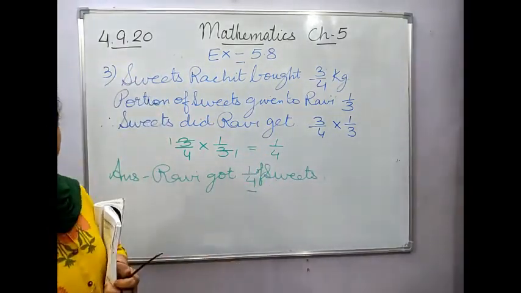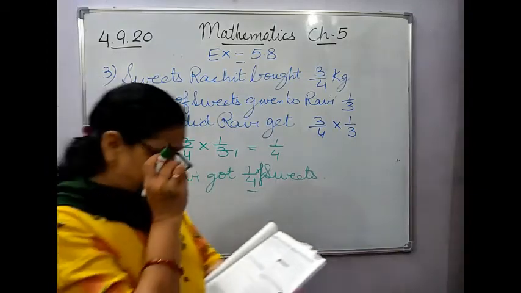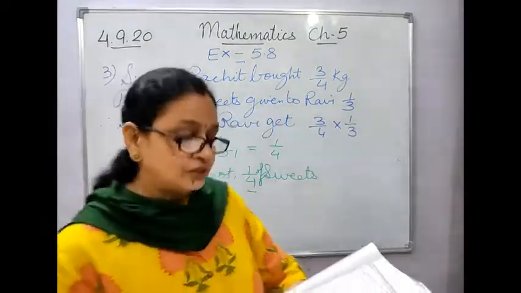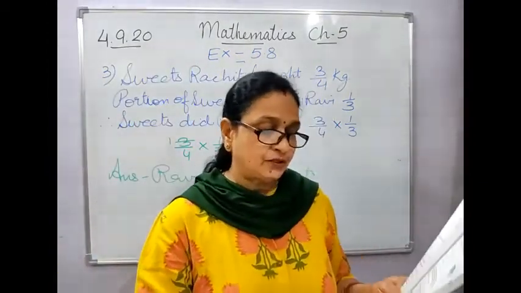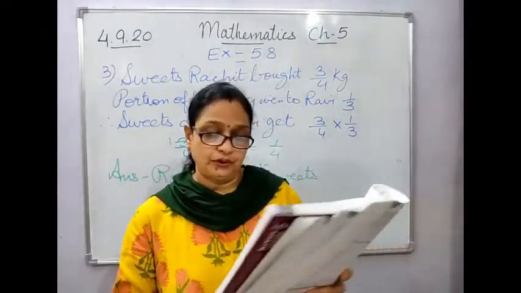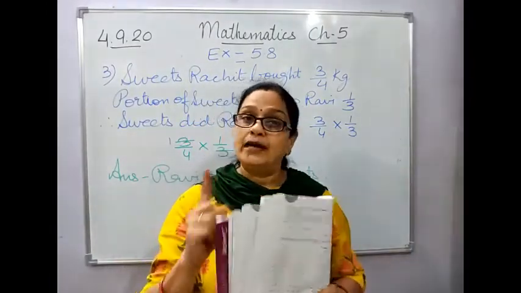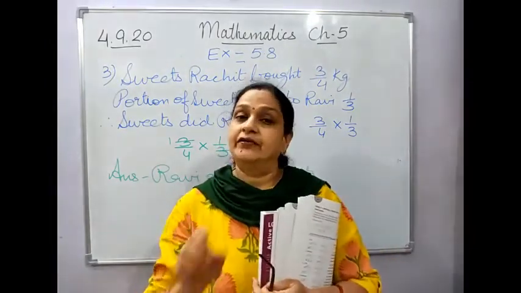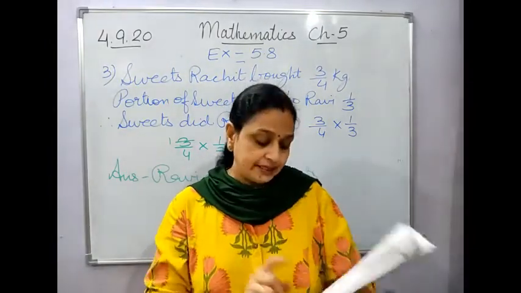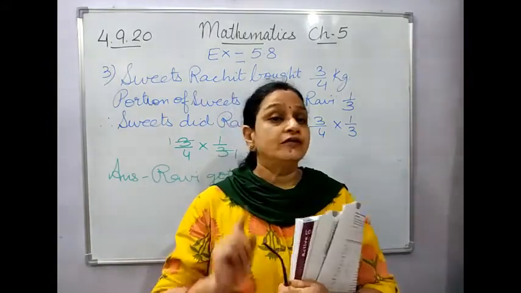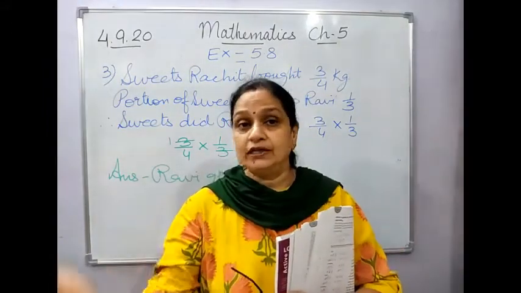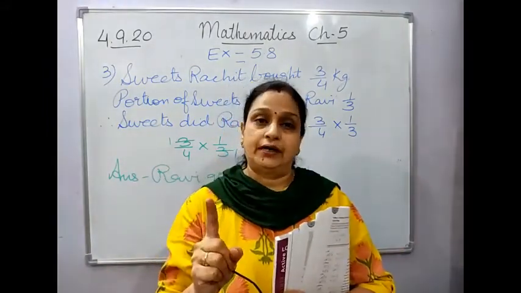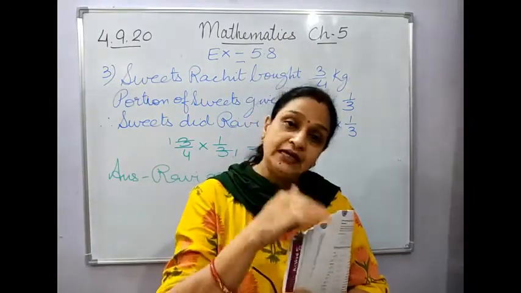The next one: the cost of 7 notebooks is rupees 6434. Find the cost of one notebook. Children, you have to understand what you have to do by reading the question. See, in this, the cost of 7 notebooks is given. More is given, and you have to find out for one, for less.